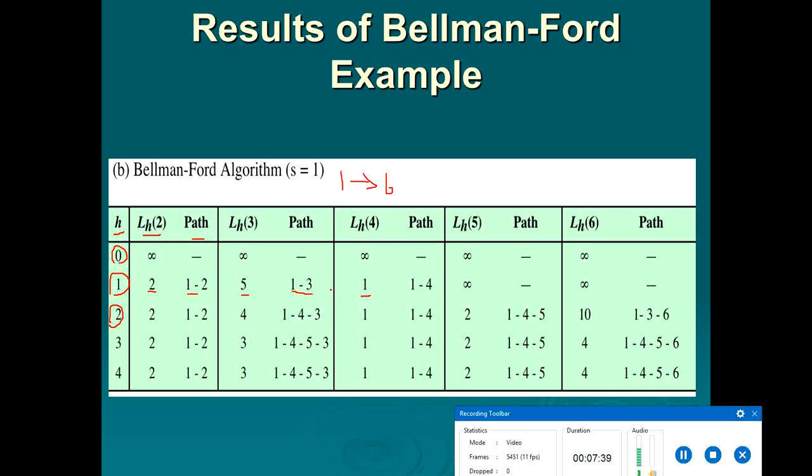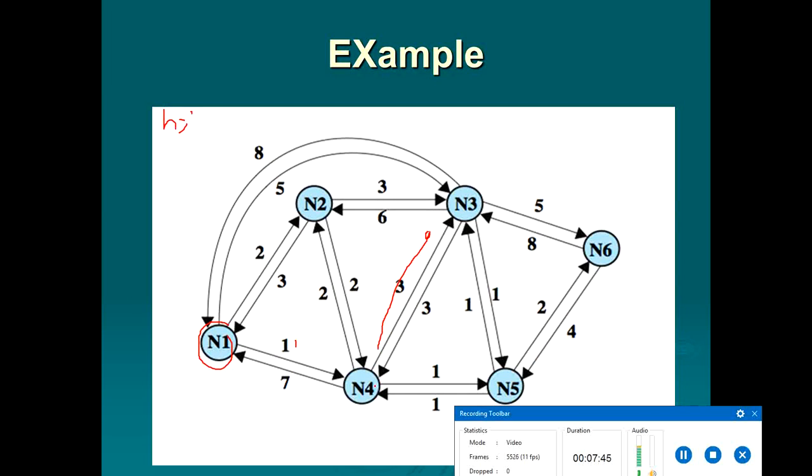So the total cost of reaching node 3 via node 4 is 3 plus 1. Now at this point node 4 says that I can reach node 3 at a cost of 3, and we already know that the cost of reaching node 4 is 1. So the total cost to reach node 3 via path n1 to n4, n4 to n3 is 4.